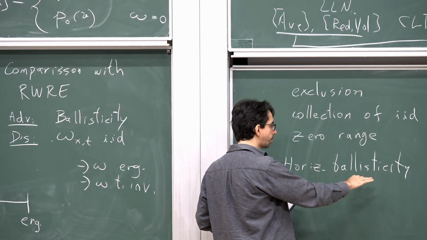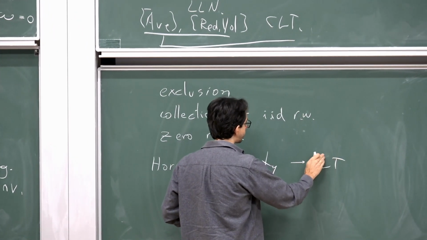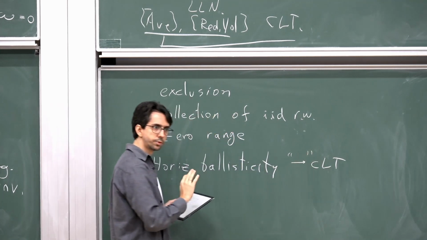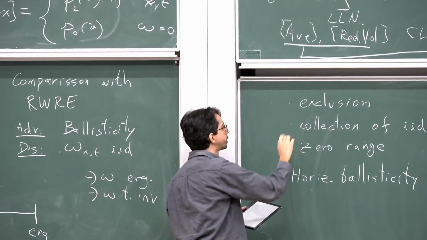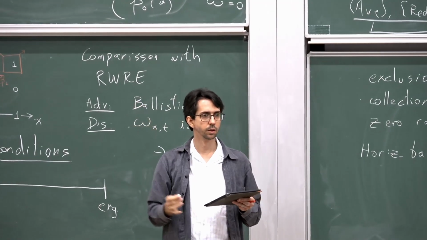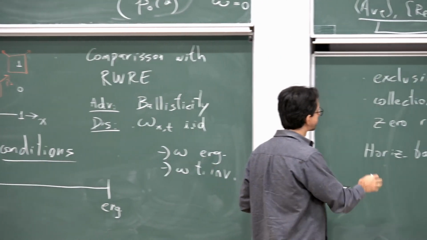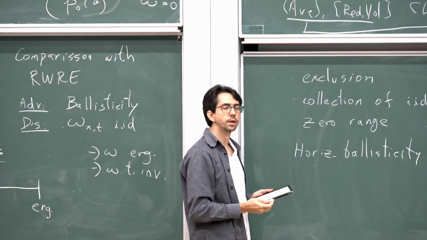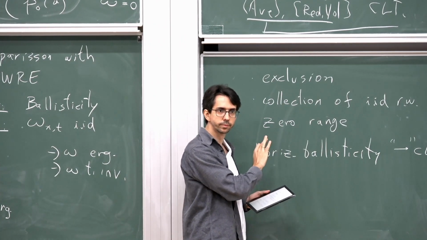So when you have horizontal ballisticity, you have CLT. And this is under severe quotation marks because it actually only works for these two models because we can make renewals. But for example, for the zero range, there is a CLT for very extreme drifts.